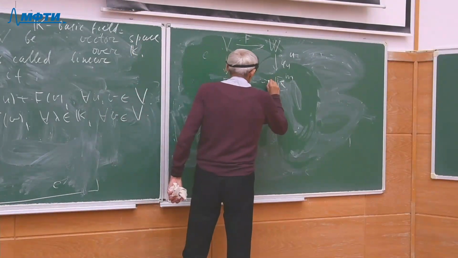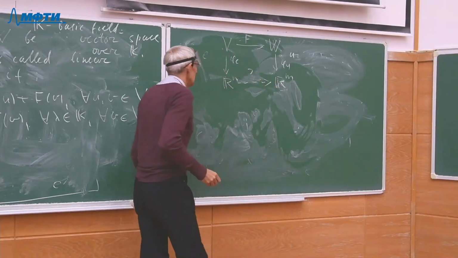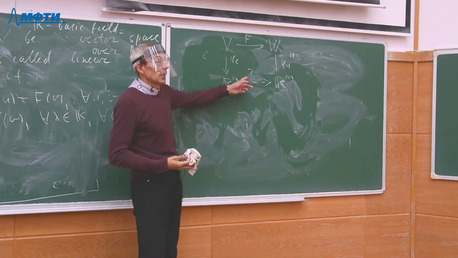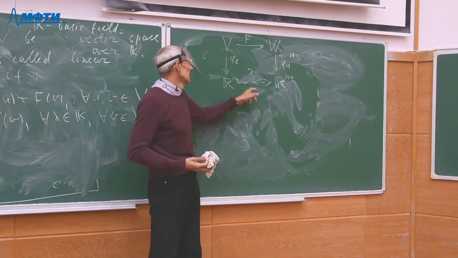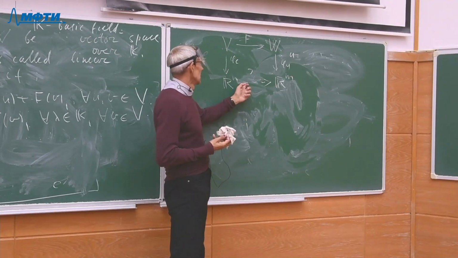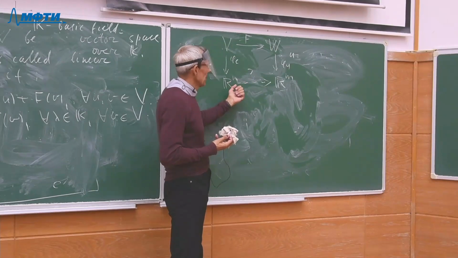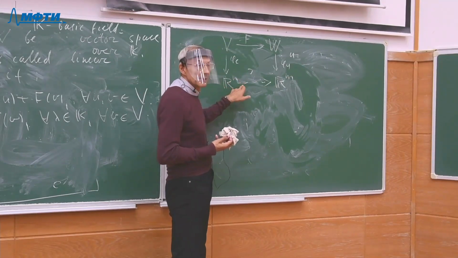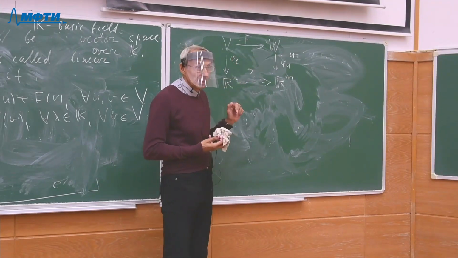What do I obtain? What do these mappings disclose in this commutative diagram?